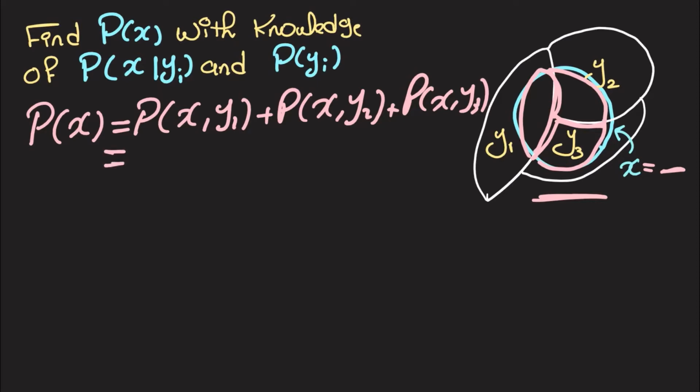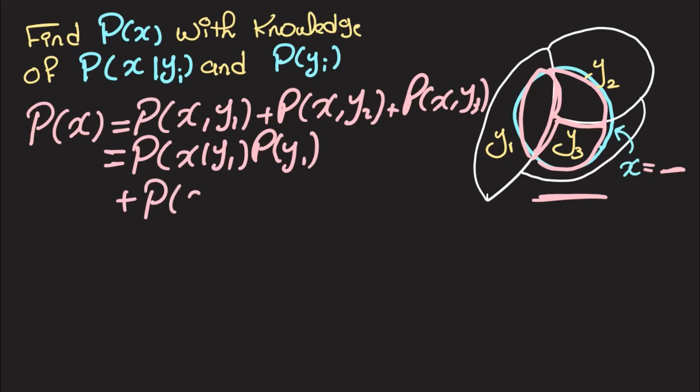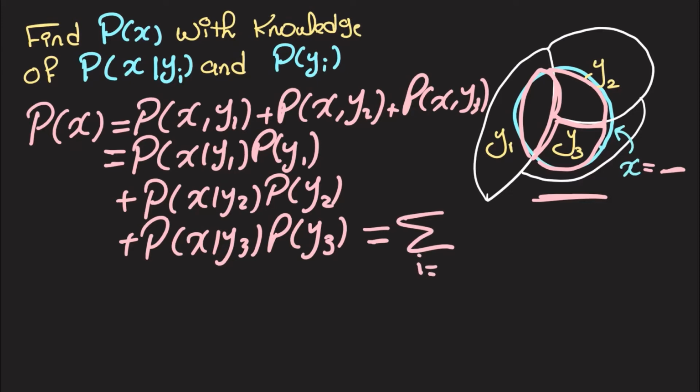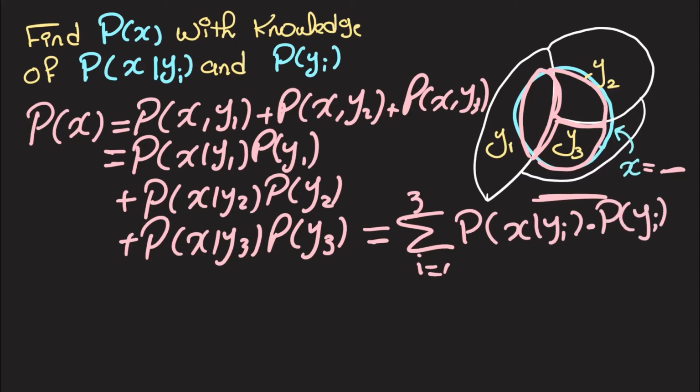Then I'm going to use the chain rule on each of these. So here I'm going to have the probability of x given y1 multiplied by the probability of y1, plus the probability of x given y2 multiplied by the probability of y2, plus the probability of x given y3 multiplied by the probability of y3. In summation notation, we're going to go from i equals 1 to 3, and we're going to have the probability of x given yi multiplied by the probability of yi.